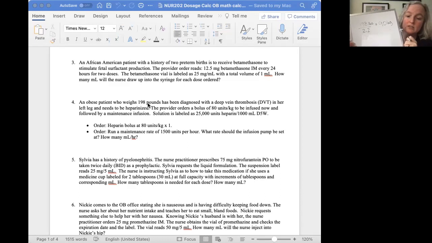So the next thing we need to do is then multiply the number of units by the number of kilograms. So we're going to do 80 units per kilogram times 90 kilograms. And so this will end up being 7,200 units.